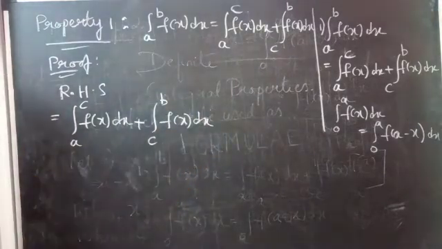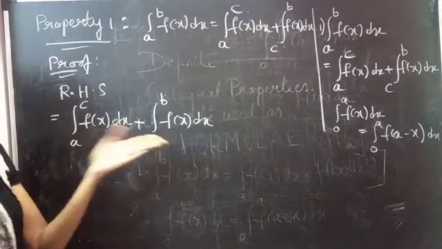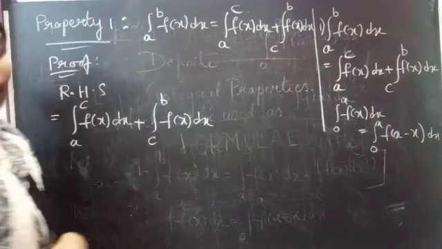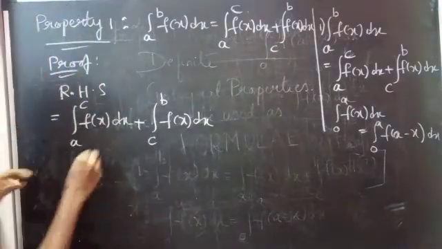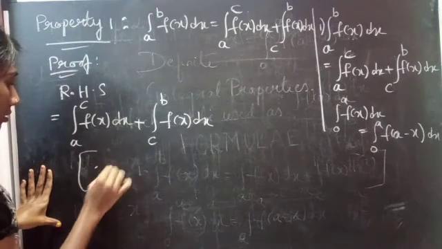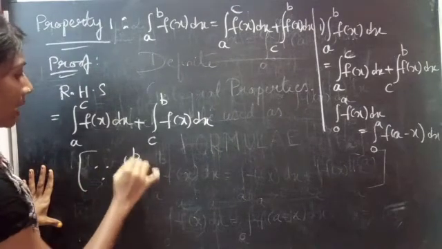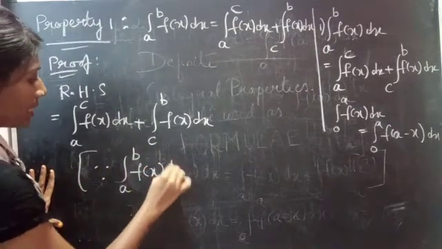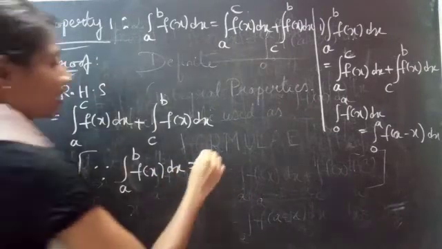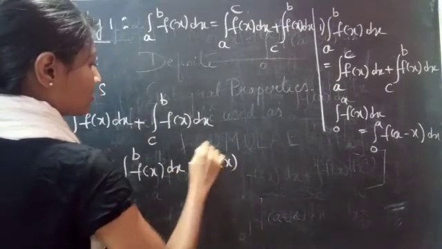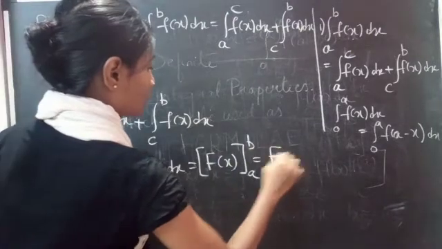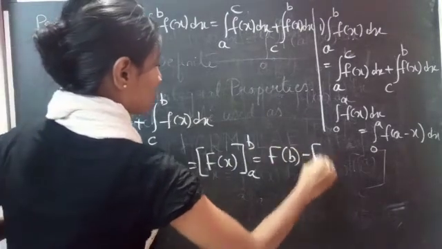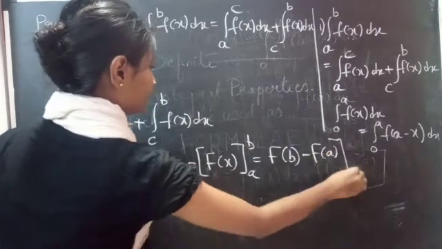To evaluate this, we are going to use the definite integral formula: integral a to b f of x dx is equal to capital F of x between the limits a to b, which is equal to capital F of b minus capital F of a.